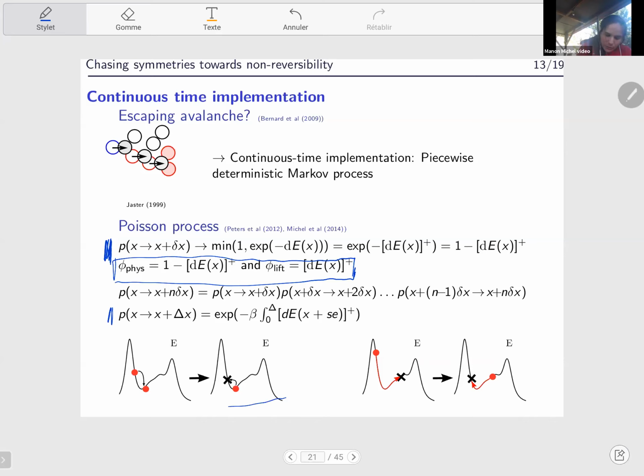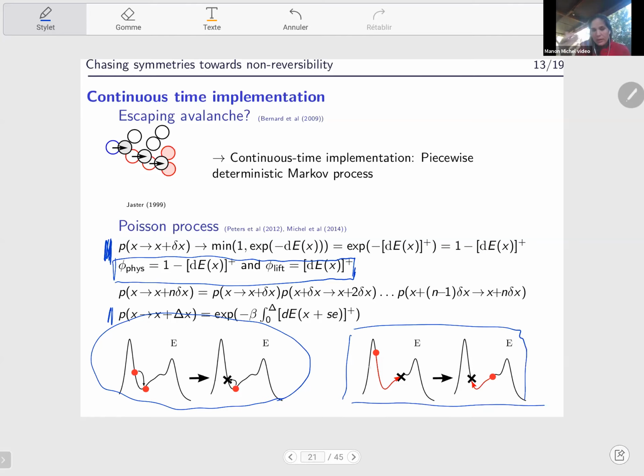And so here you have upgraded from this type of picture of a black box where you propose to move from one state to the other and you accept or not based on the global energy change, to this type of picture where if you go from point A to point B, you see all your potential, okay? And so work has also been done on how to exploit this type of information, for instance for pressure computation and so on.